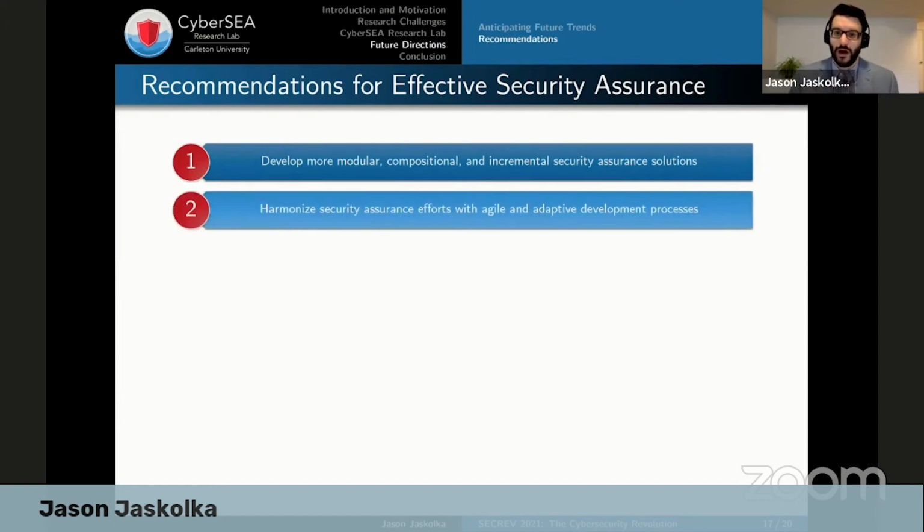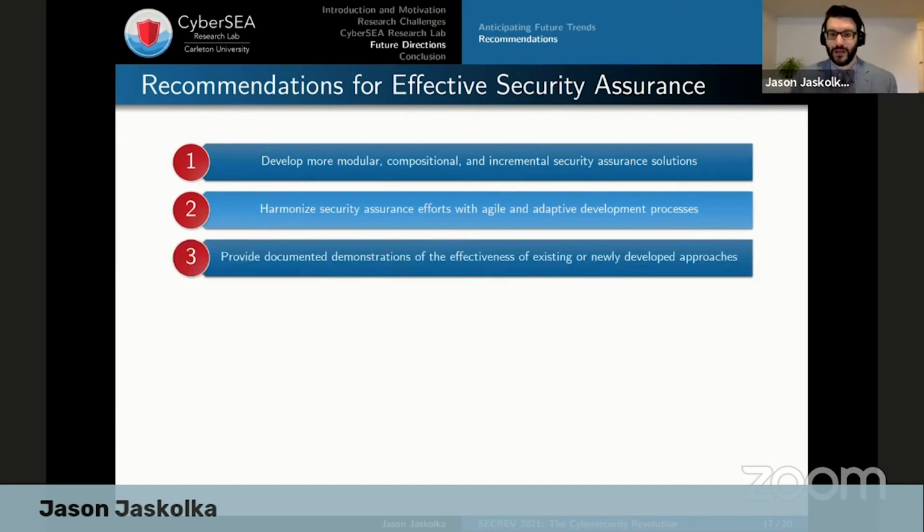How can we look to harmonize the security assurance efforts with agile and adaptive development processes? We're starting to be in a much more flexible and agile world, especially when it comes to developing these different kinds of systems. So how do we make sure that our traditionally long and rather bloated security assurance efforts are harmonized and work in tandem with these new development processes?